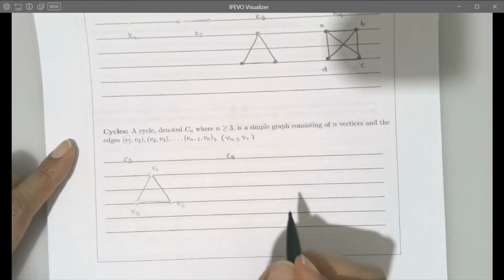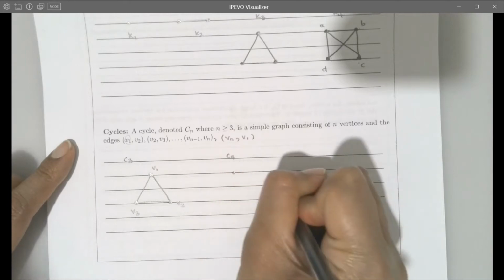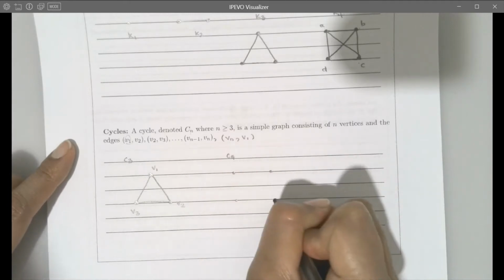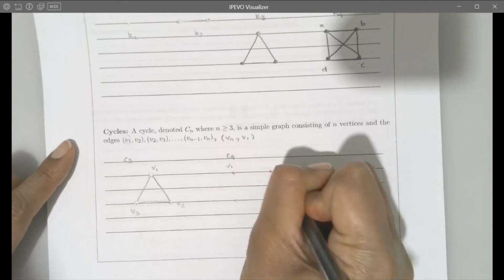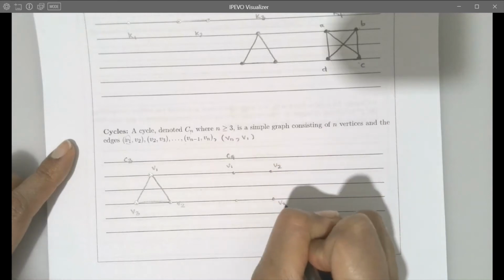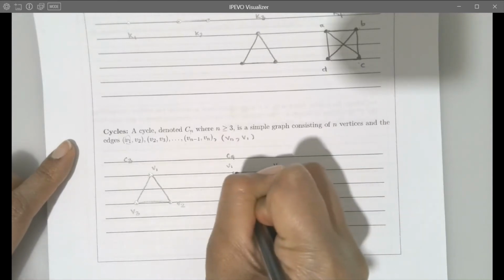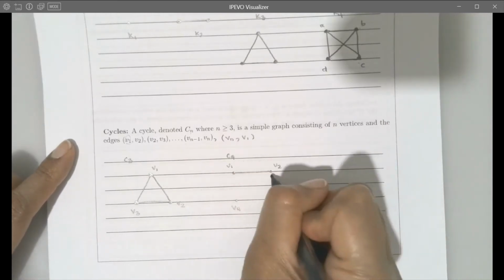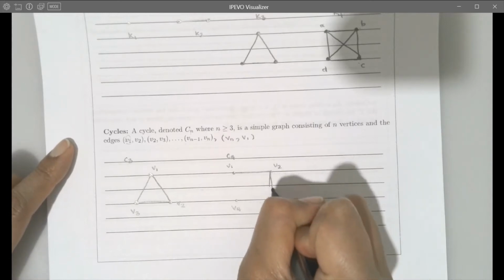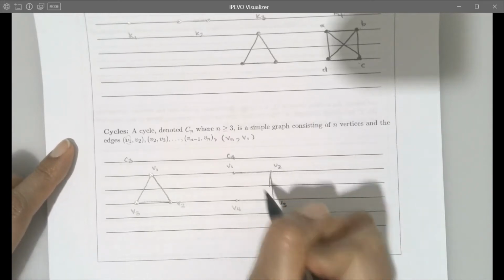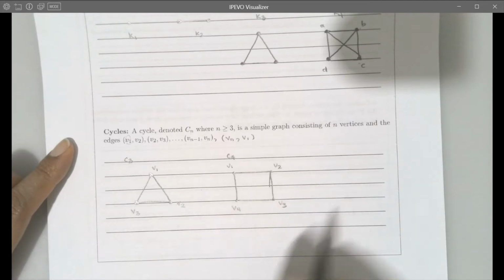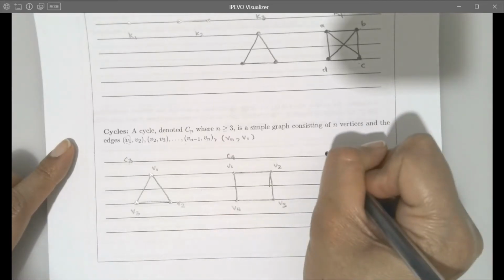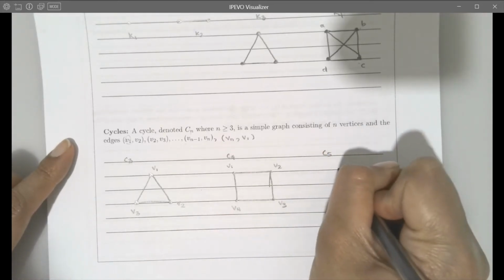Okay, what about if it's 4? Well, again, we'll call this v1, v2, v3, v4. There is an edge between v1 and v2, between v2 and v3, between v3 and v4, and between v4 and v1. And that pattern simply continues.